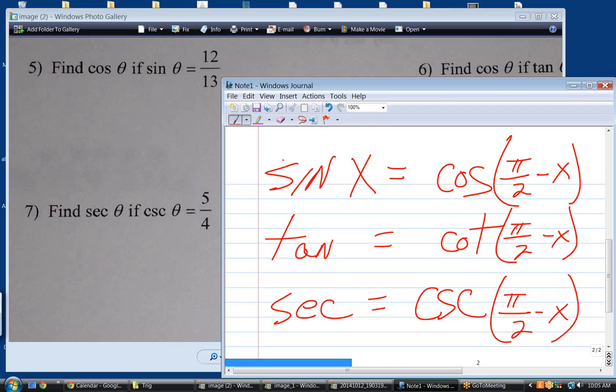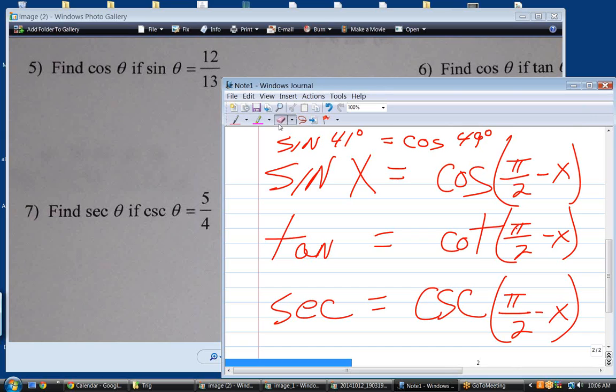In other words, we've been talking about the sine of 30 degrees. You know that that's 1/2. Well, we also know the cosine of 90 minus 30, which is 60, and the cosine of 60 is also 1/2. So if you take the complement, I could say that the sine of 41 degrees is the same as the cosine of 49 degrees.